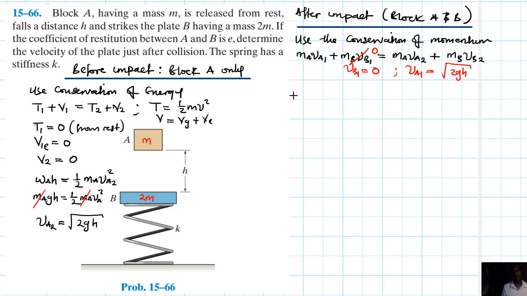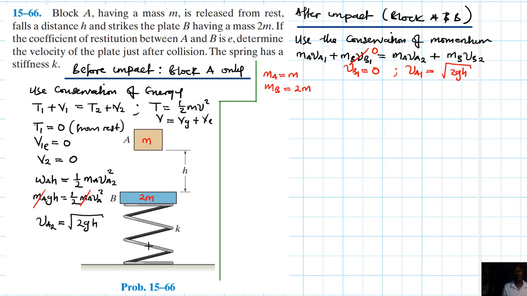All right, so let me just create a boundary. So now we know that our m_A is equal to m and our m_B is equal to 2m.